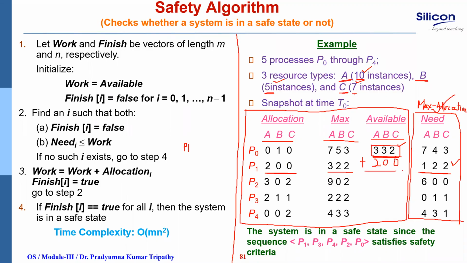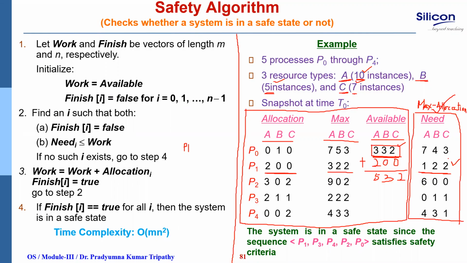So now I have 5, 3, 2. 5 number of A, 3 number of B, and 2 number of C are there. Now this is available with me. So P1 has finished. Now with this 5, 3, 2, can I satisfy P0?